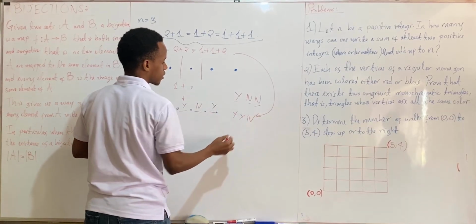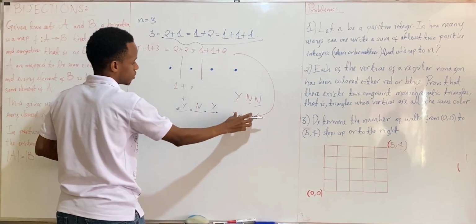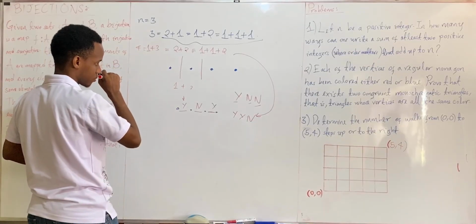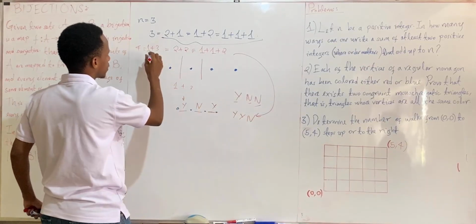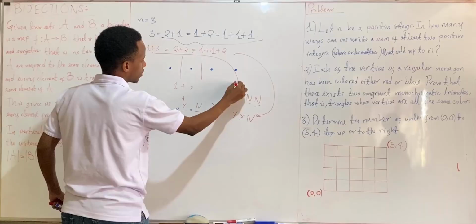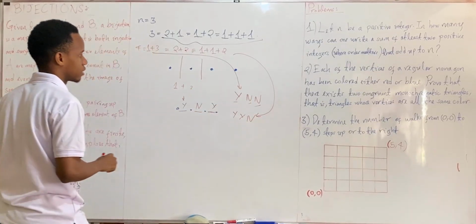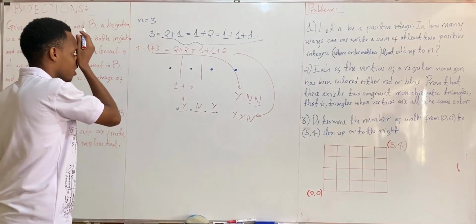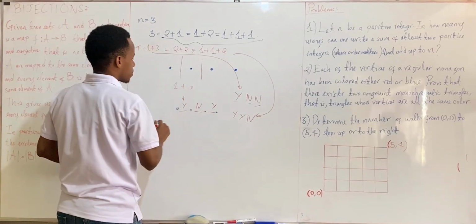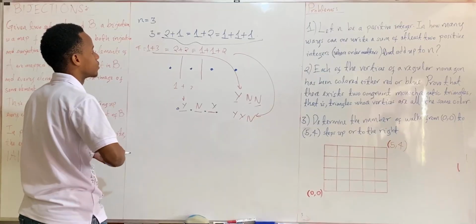So we have a map from this partition into this word. And as we saw earlier, this partition is mapped to this 3-letter word. And of course, at this point, you can try to figure out on your own.